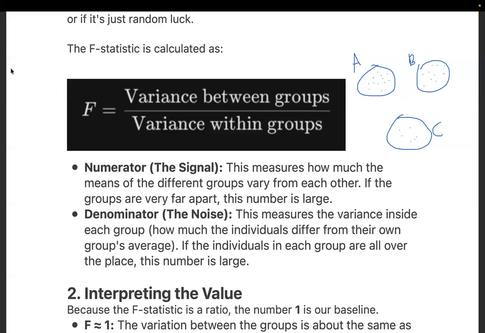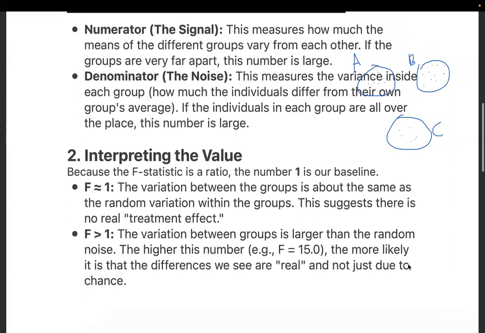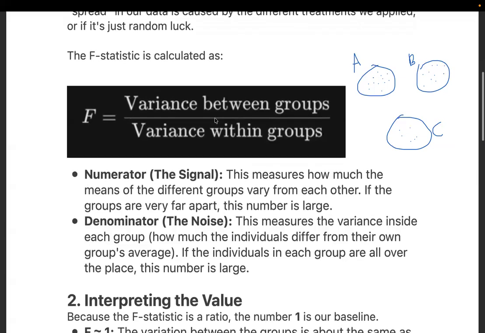Okay, so now let's interpret the F value. If you get F equal to 1, it's not good, because the variation between groups is about the same as the random variation within the groups. The variation between groups and variance within groups are equal.